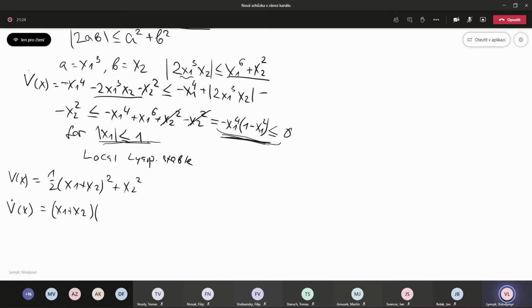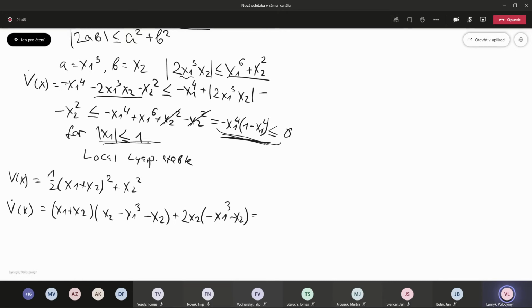It's x2 minus x1 cubed minus x2, plus 2x2, and this minus x1 cubed minus x2.